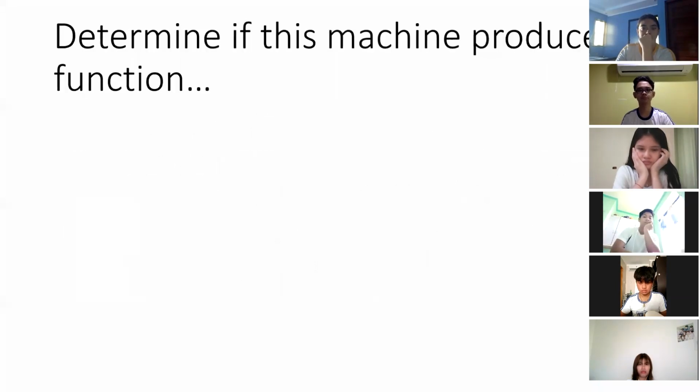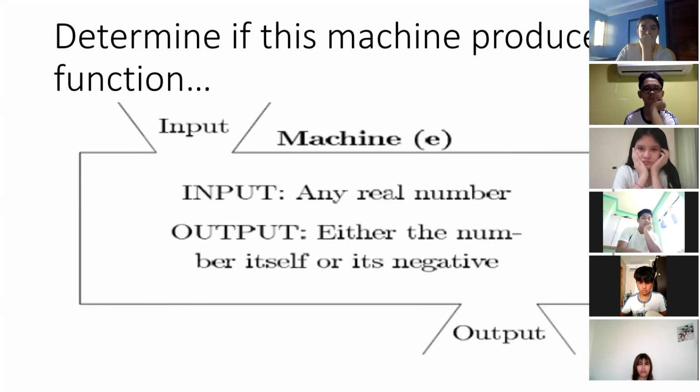But machine E is not a function. Again, machine E is not a function, since for any real number that you input, either the number itself or its negative will be the output, which means that for a real number 2 as an input, it will generate two possible outputs, +2 and -2.